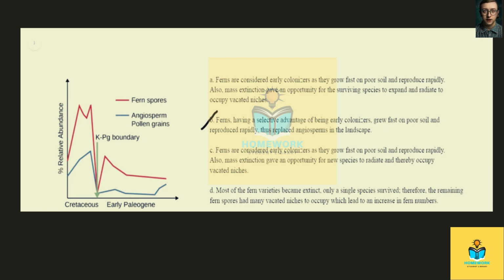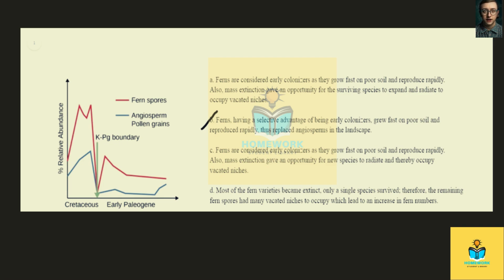C, ferns are considered early colonizers as they grow fast on poor soil and reproduce rapidly. Yes, we've discussed this from part A. And also mass extinctions gave an opportunity for new species to radiate and thereby occupying vacated niches.